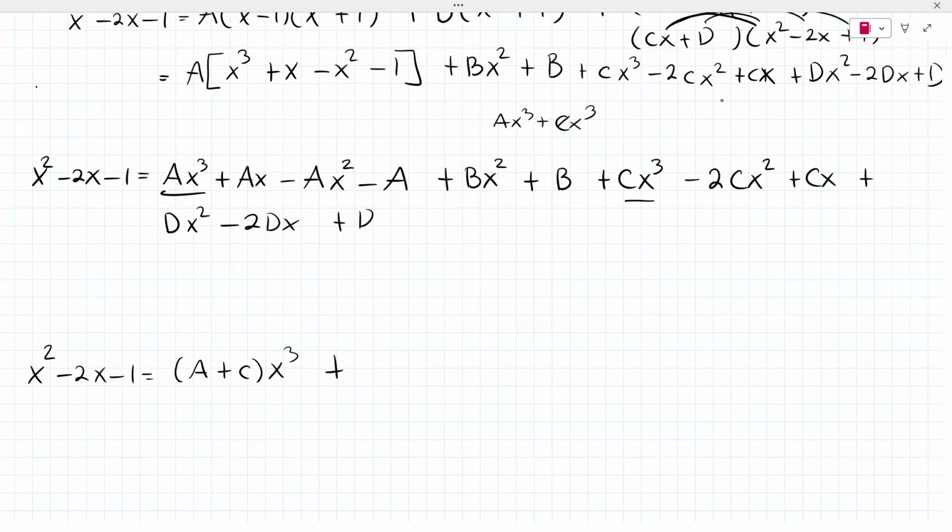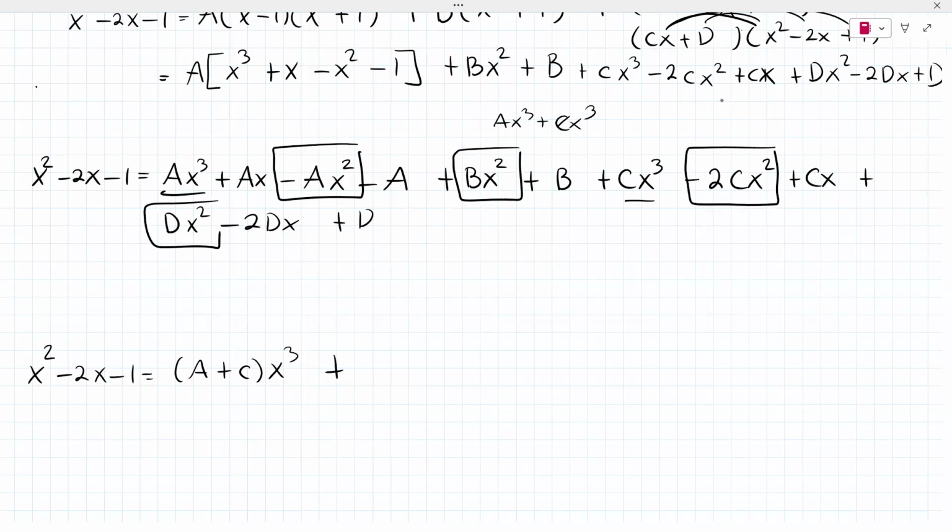So squared, you can box anything that has a square. We have this one, this one, this one, this one. When you do that, you can factor out an x squared, and you're left with negative A plus B minus 2C plus D, times x squared.